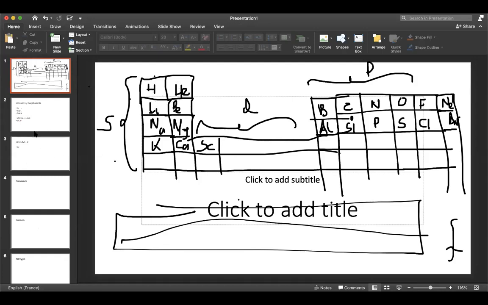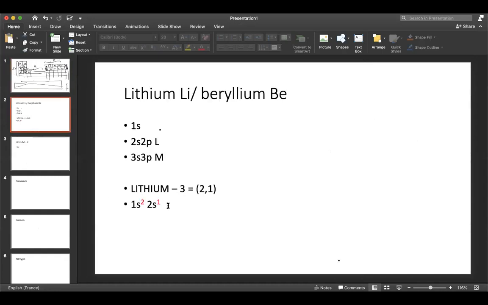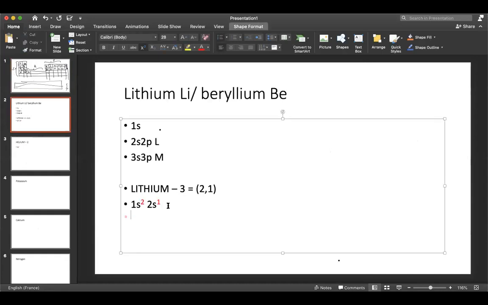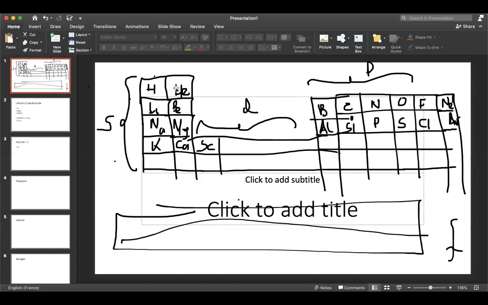So what you do is you come here and say, for us to reach where lithium is, we are supposed to take 3 steps: 1, 2, 3. This is where lithium is.